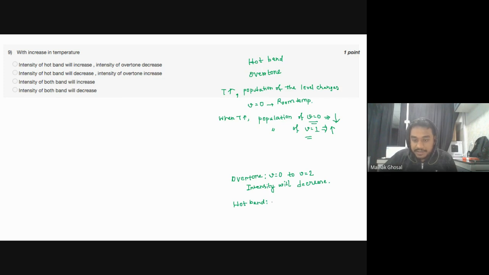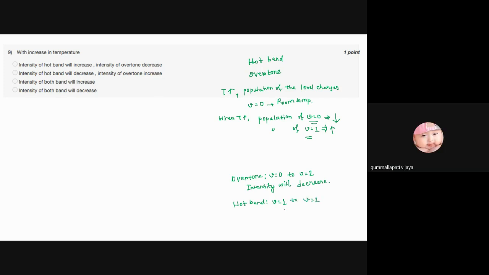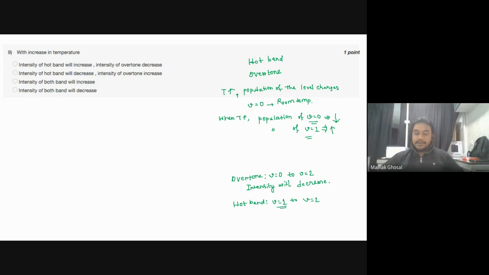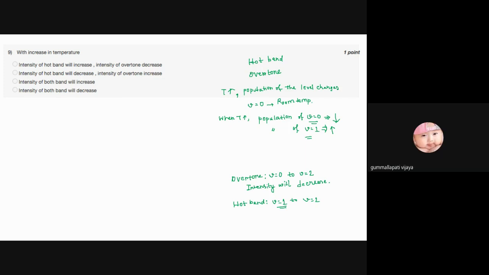Next is hot band. So hot band is the transition from V equals to 1 or V equals to a higher level to any higher level. Suppose from V equals to 1 to V equals to 2. So what I have said, if you are increasing the temperature, your population of V equals to 1 state will be changing, that is increasing or decreasing? The ground state is decreasing and the excited state is increasing.